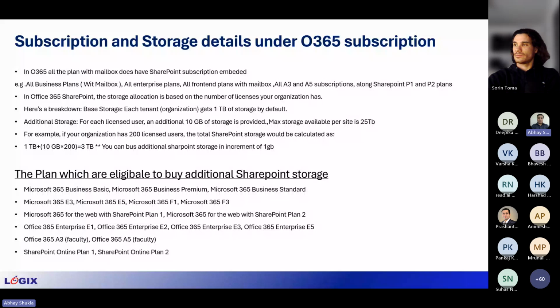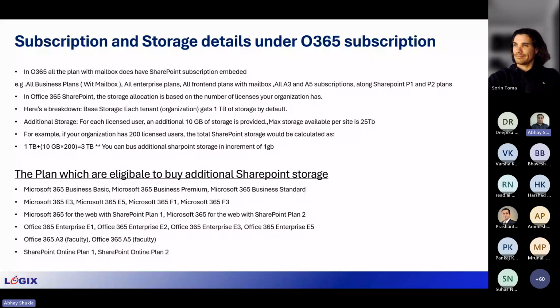When you order, the order goes to Microsoft. When you buy this additional storage, there is eligibility: people who already have SharePoint as a subscription will be able to buy it.